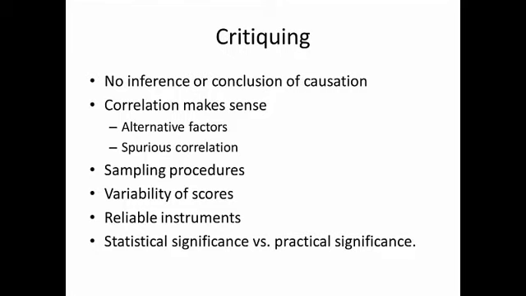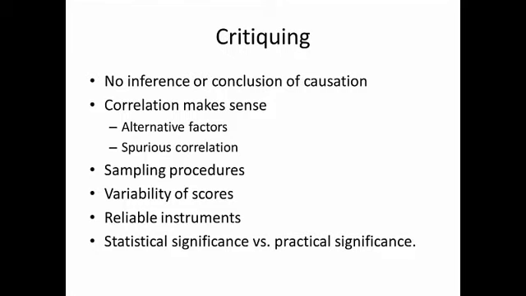Correlations have to make sense, and you have to always be looking for some alternative explanation that could explain what's going on. I was reading an article where the state per pupil expenditure for education was negatively correlated with SAT scores.